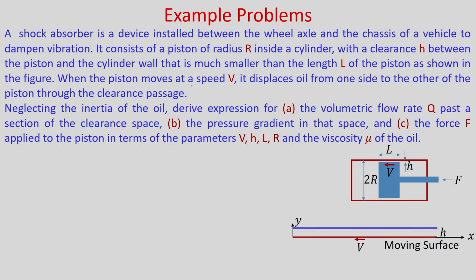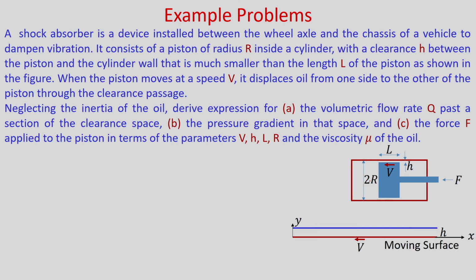When the piston moves at a speed v, it displaces oil from one side to the other of the piston through the clearance passage. Neglecting the inertia of the oil, derive expression for A, the volumetric flow rate Q past a section of the clearance space, B, the pressure gradient in that space, and C, the force F applied to the piston in terms of the parameters V, H, L, R and the viscosity mu of the oil.